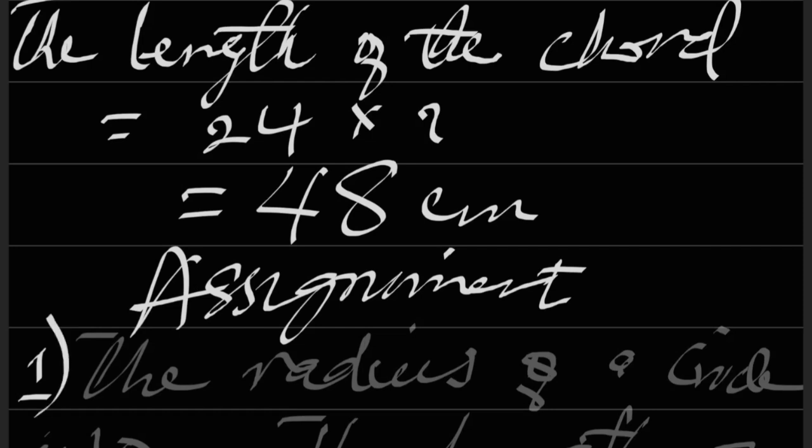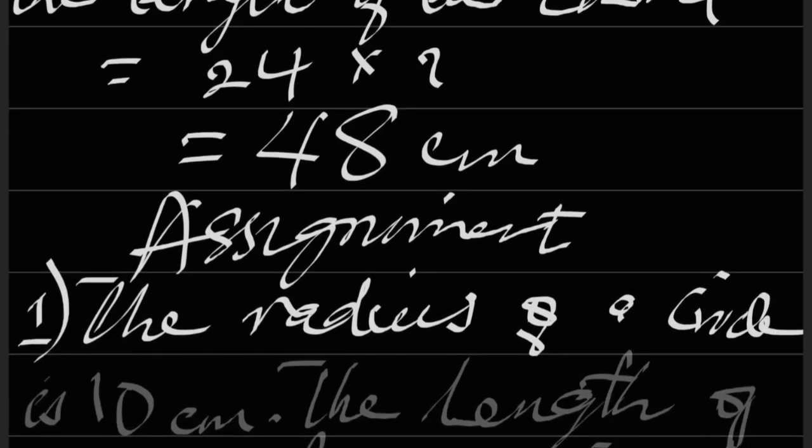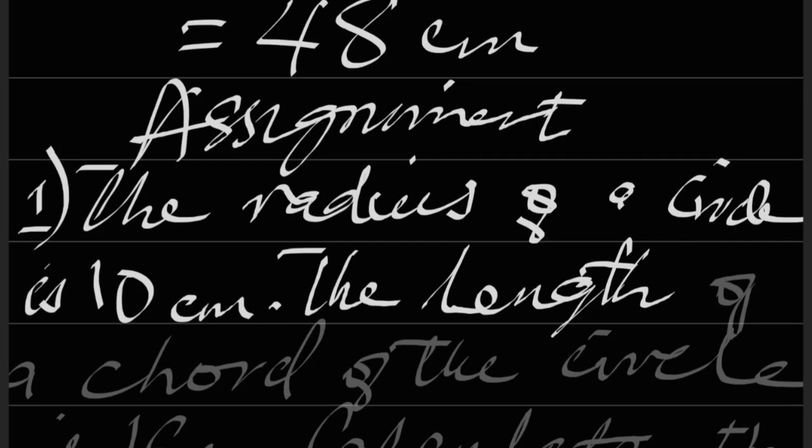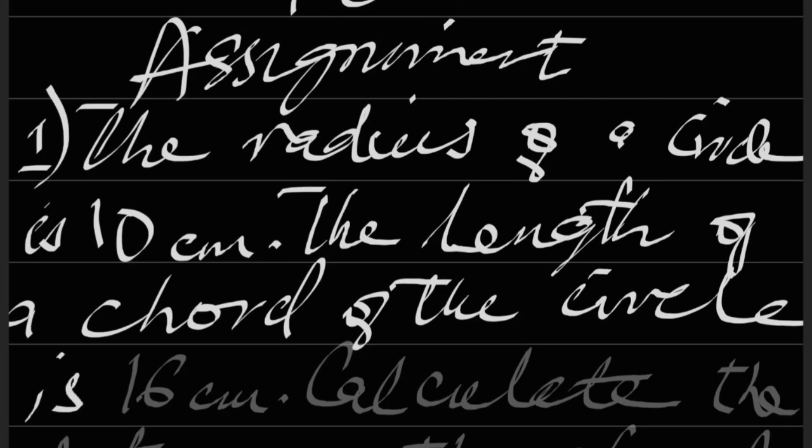Question number 1. The radius of a circle is 10 centimeters. The length of a chord of the circle is 16 centimeters.